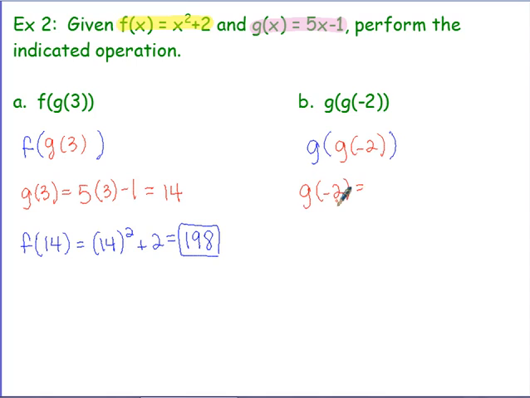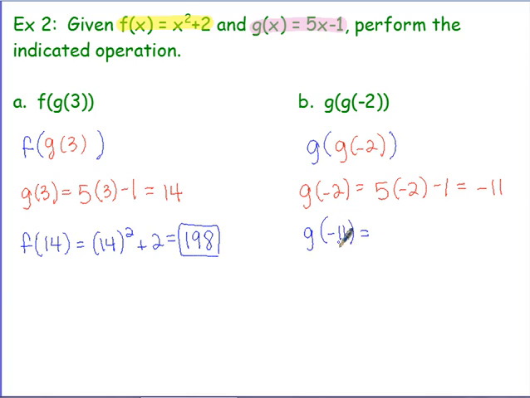That means we're going to put -2 in the g equation. 5 times -2 minus 1. If you put that in your calculator, it should tell you it's -11. Now, the blue part is still g, but now in the parentheses is -11.